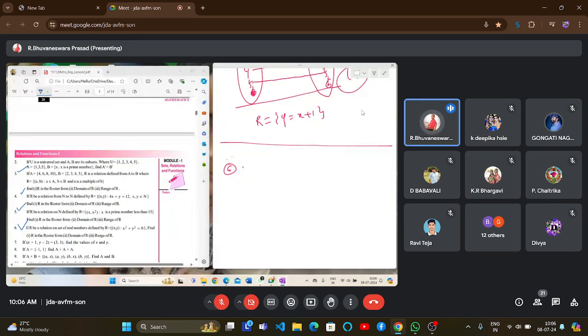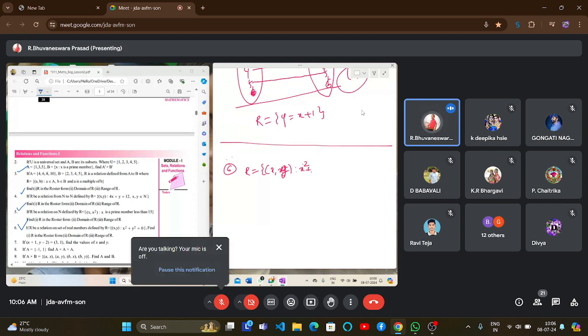So if your relation R equals the set of (x, y) such that x square plus y square equals 0, find first the roster form.